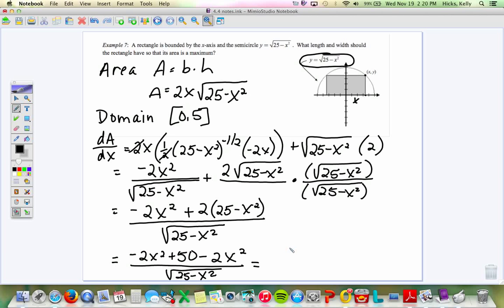So my final answer here, just for the simplifying part, is 50 minus 4x squared over the square root of 25 minus x squared. Okay, so we're going to use that for our problem. So what I'm going to do is try to copy that. There we go.